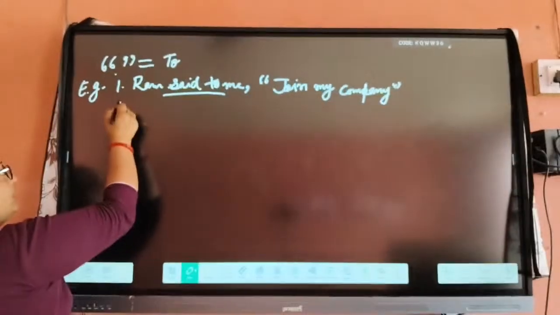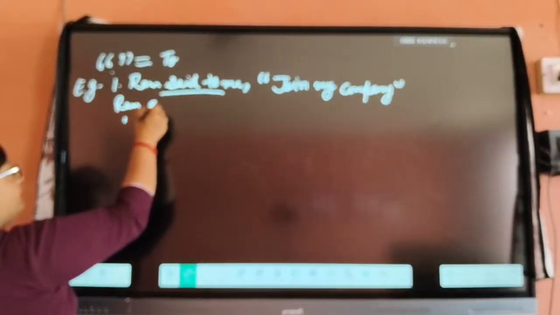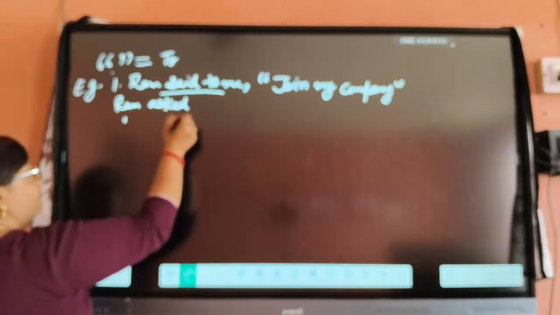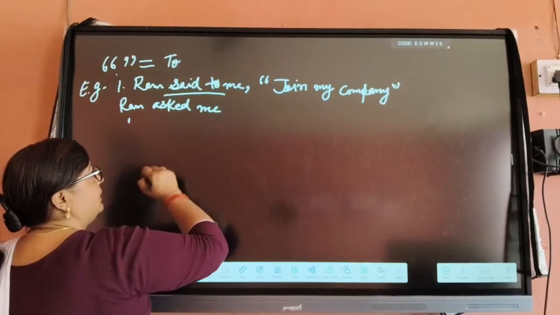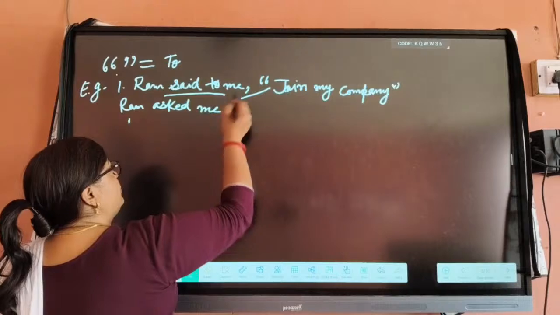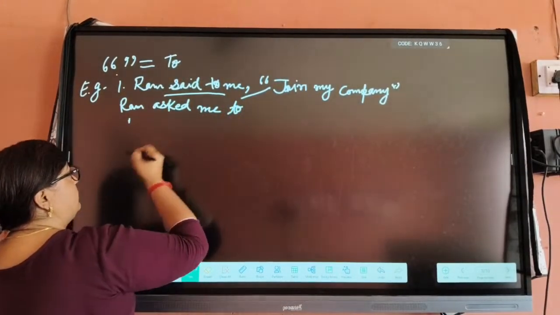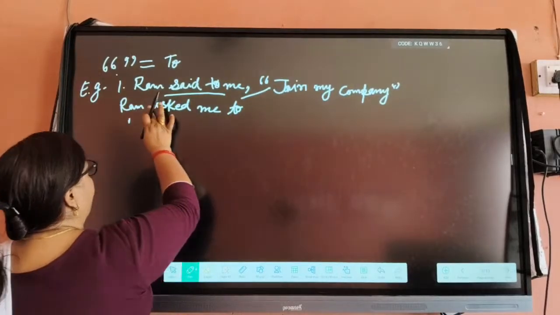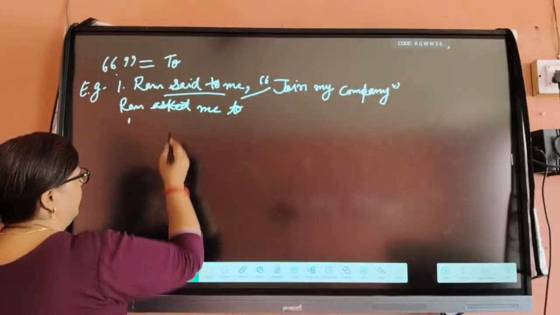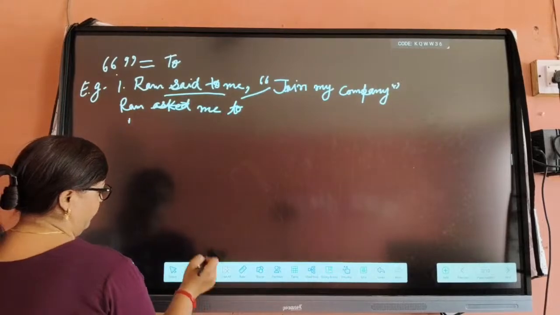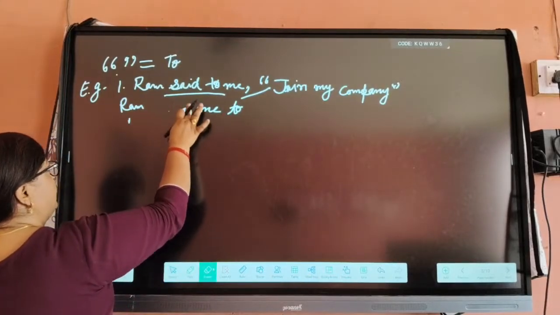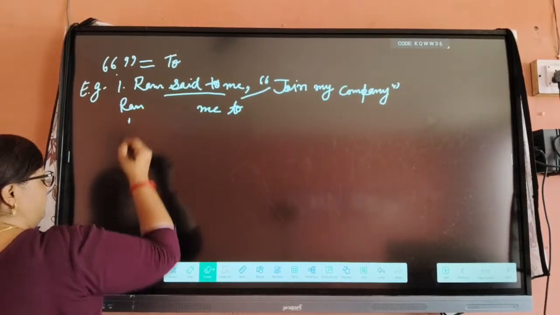How will we change? Ram asked me. Then we will use to in place of the inverted comma.